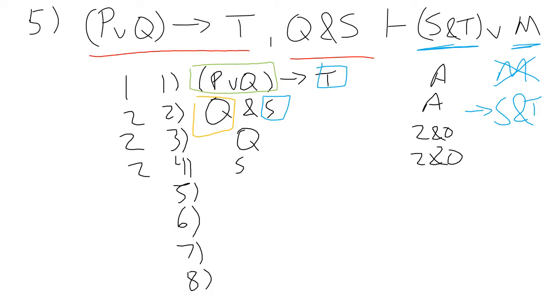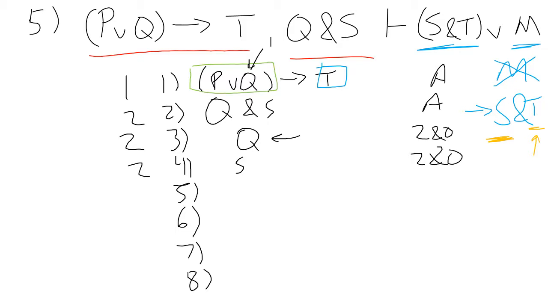Now I found my S. Now I just need my T. So I still need to get to that conditional statement. Well, what do I have after I broke up the ampersand here in line 2? Well, I've got Q. And if we look at my antecedent up here, there's a Q in it.